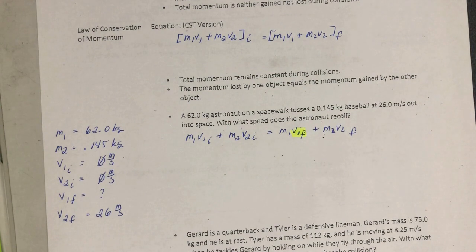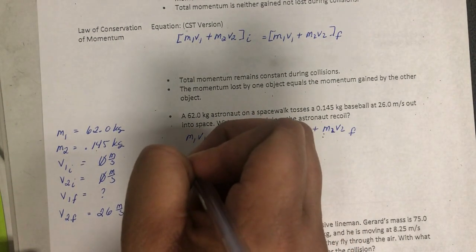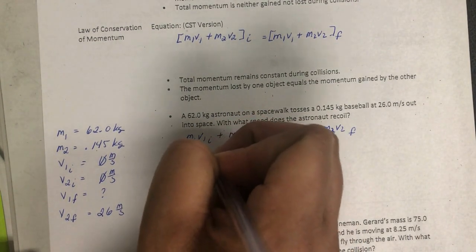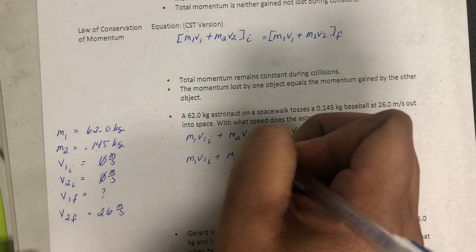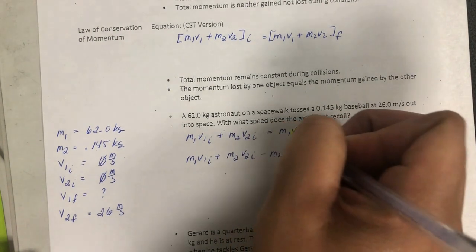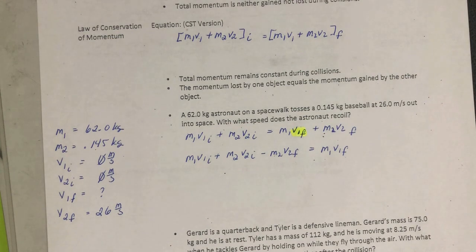I need to get that by itself, so what would I do first? Subtract this one from both sides. So I'm going to end up with M1 V1 initial plus M2 V2 initial minus M2 V2 final equals M1 V1 final. Divide all of it by M1.